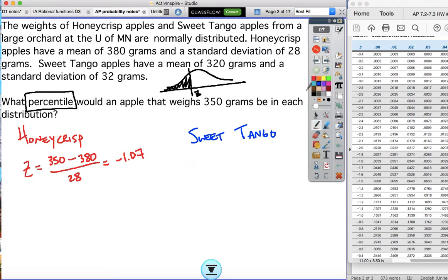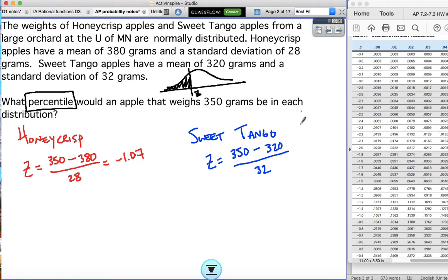For Sweet Tango, our z-score, again, would be 350 minus Sweet Tango's mean, which is 320, divided by Sweet Tango's standard deviation, which is 32. And when you do this, your z-score is going to be 0.94.